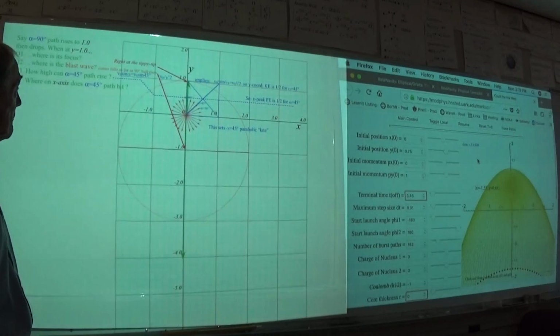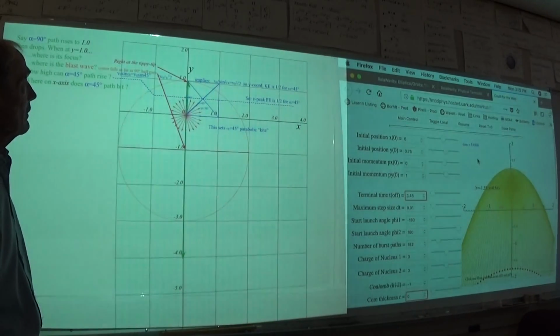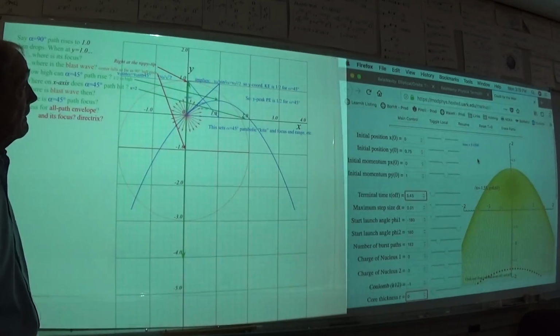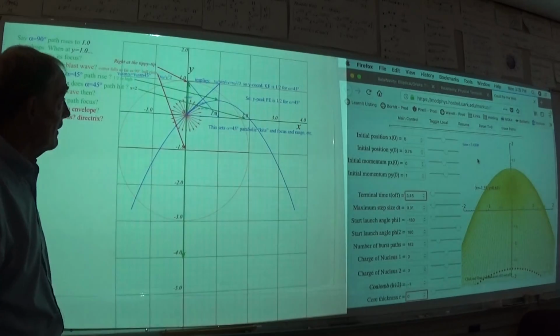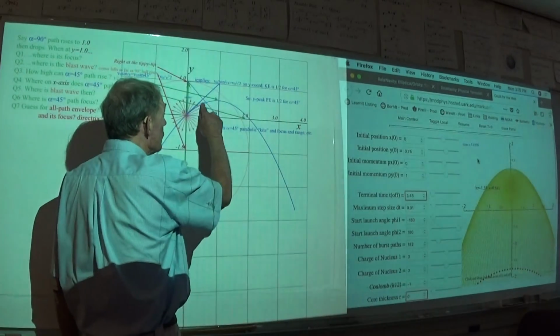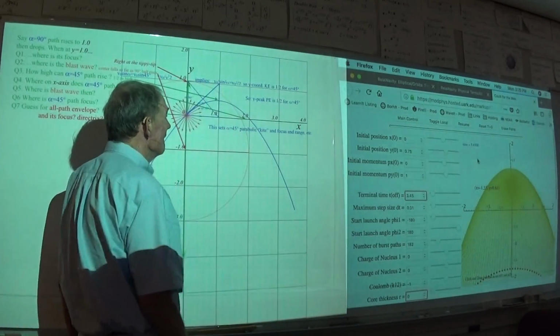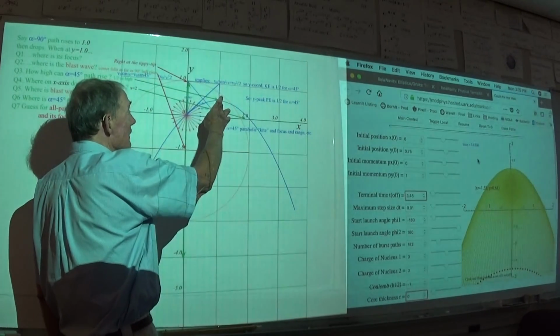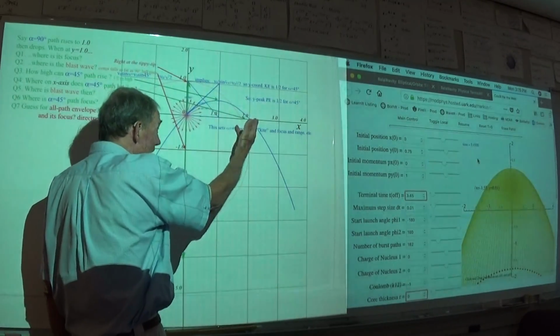Where's the kite for this particular 45-degree thing? Where's the maximum range, right? Well, if you discover that the maximum height of 45 is there, it's going to be twice the range.